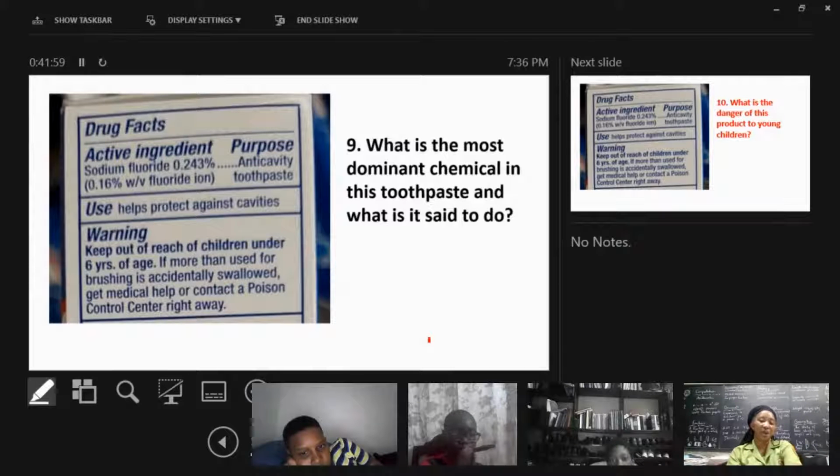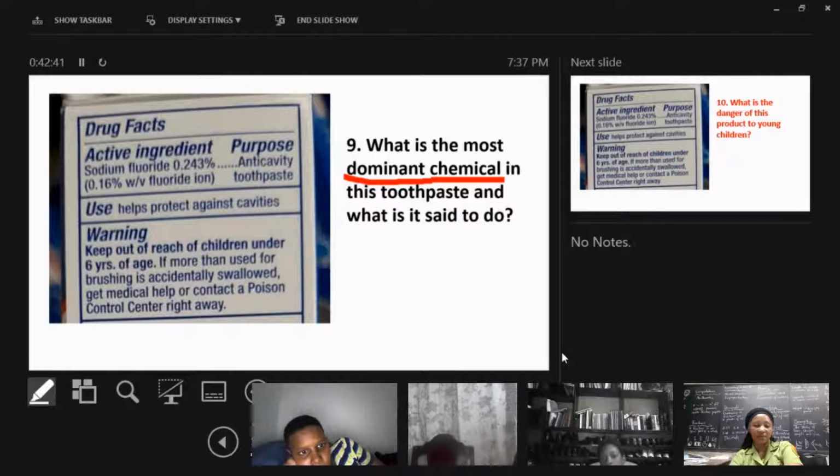All right. What's the most dominant? What does the word dominant mean? Well, the one in control. The one that's in control. In this context, though, would it be a control thing when we say dominant? Dominant in this context, the dominant chemical or the dominant ingredient. It wouldn't have anything to do with control.